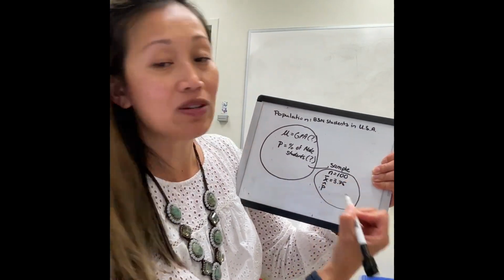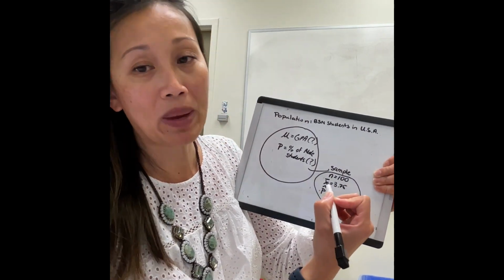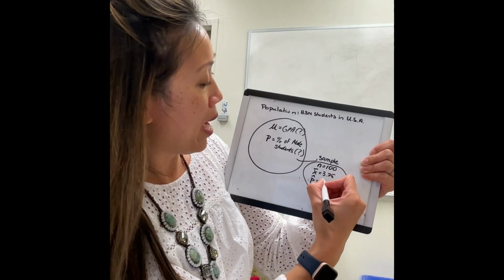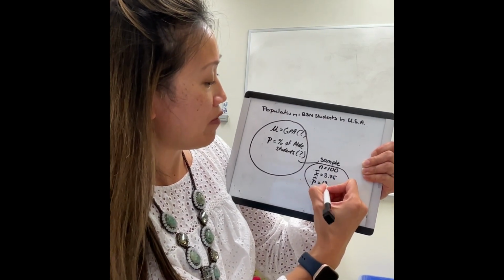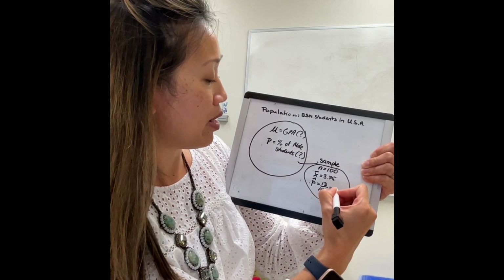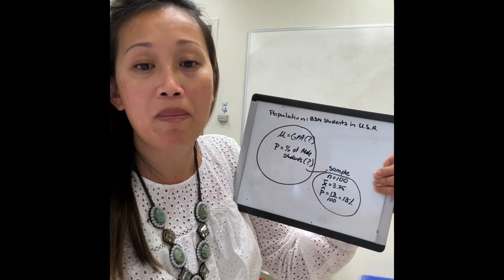Then let's also calculate the sample proportion, which represents the proportion of students who are male. Out of 100 students, let's say that 13 of them are male, so 13 out of 100 means that approximately 13% of BSN students here at JU are male.